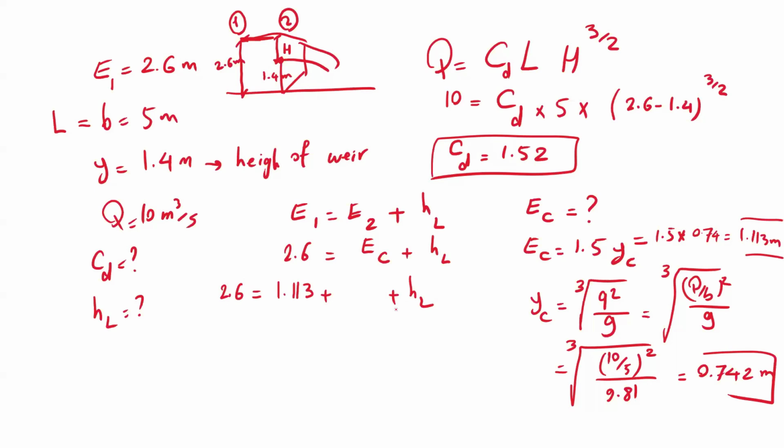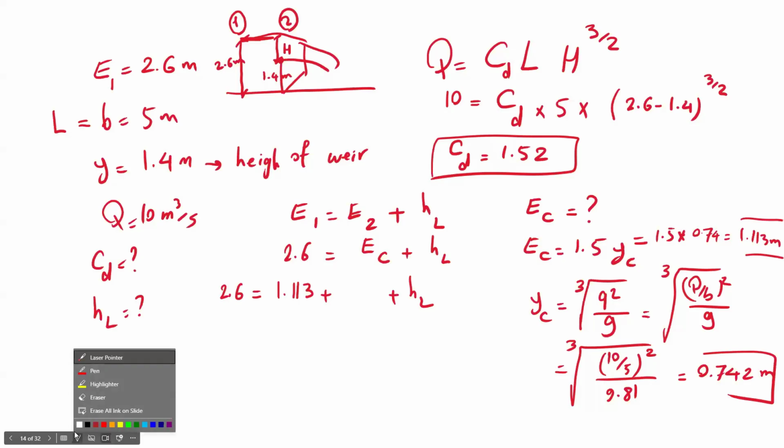It seems that I have everything, but don't forget one thing here. Look at here, I have energy here. I have this H here as well. But this is the total energy, so I have both. But I should consider this Y as well. This is the depth, or the height, of the weir. So when you are writing Bernoulli, don't forget this one. At the top of that, you have the energy of water.